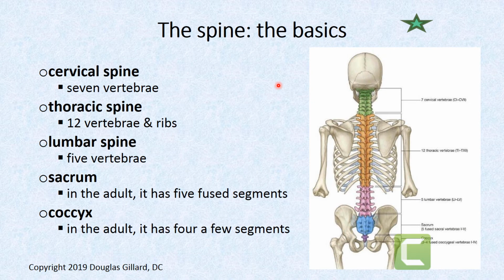Just some general stuff before we start the coccyx. The spine: there are 7 cervical vertebrae. Of course, these are the cervical region here. The dorsal spine, sometimes it's called, or the thoracic spine, has 12 vertebrae and 12 ribs. Lumbar spine, 5 vertebrae. How many ribs? There are no ribs.